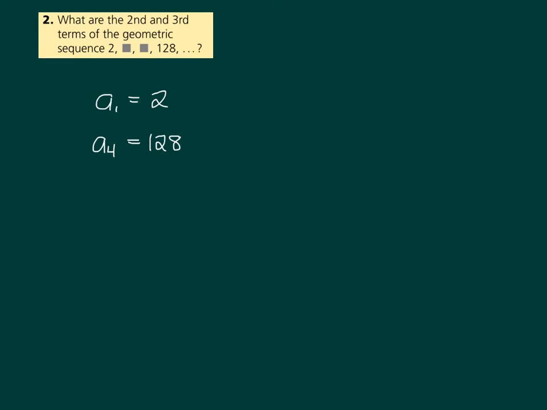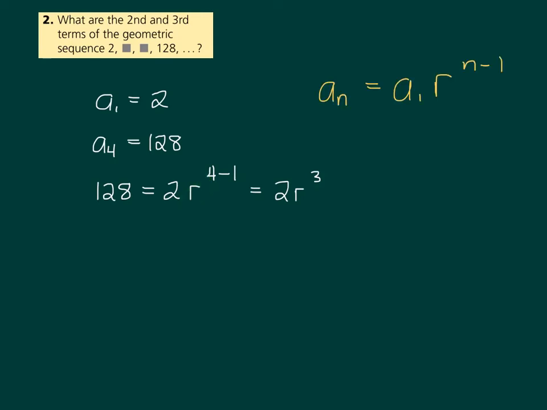Using the explicit formula for a geometric sequence, 128 should be 2 times r to the 4 minus 1, which is 2r cubed. Because 128 is the fourth term.